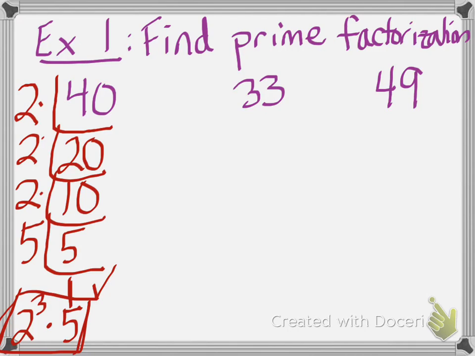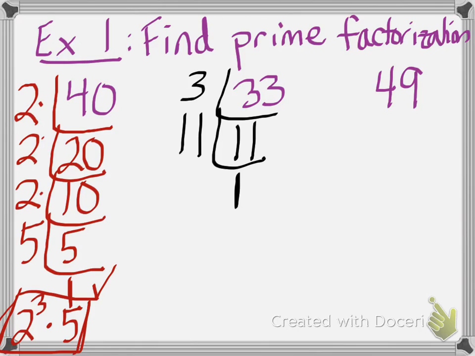Let's do the prime factorization of 33. 33 does not have a factor of 2. It does have a factor of 3. Leaves me with 11. And 11 is prime, so I'm going to divide it by itself to end my ladder with a 1. So the prime factorization of 33 is 3 times 11.